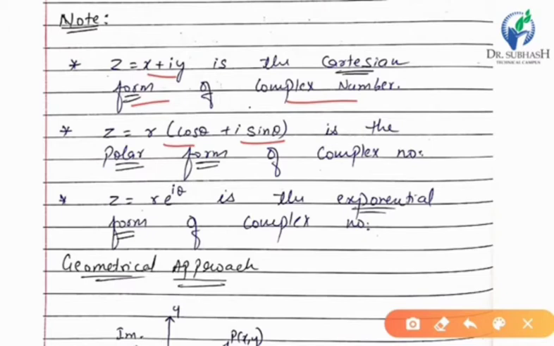And the last one, the exponential form, is z equal to r e raised to i theta. In these two equations, r is called the modulus and theta is called the argument or amplitude. We will see their formulas.